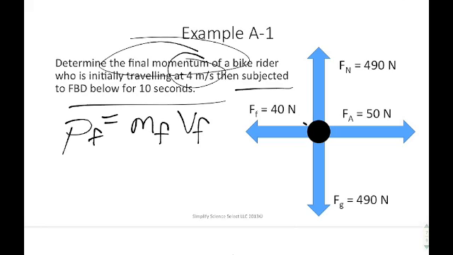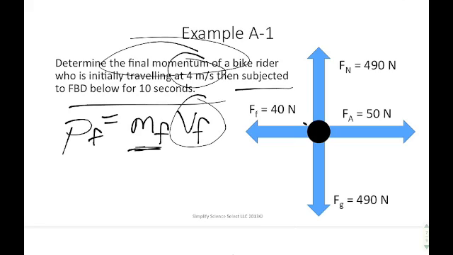Looking at this situation, no matter what forces I exert on a particular object, the mass is not going to change. So the mass is going to stay the same regardless. What I need to do is solve for the final velocity. So the first thing I'm going to do is work through these forces and see what I've got going on.